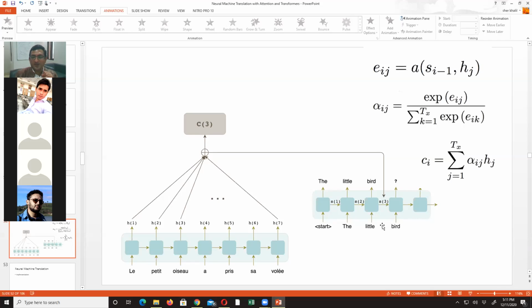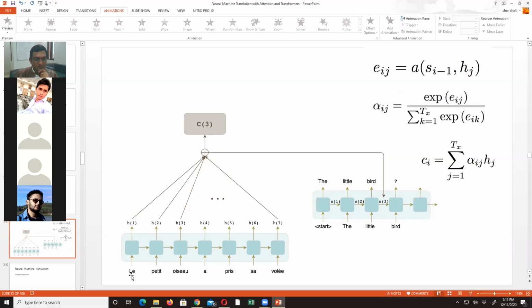So what we are saying is that this word that you need to generate will be generated by context vector 3. What is context vector 3? Context vector 3 is actually a mixture of all these states, all these words at the encoder side.